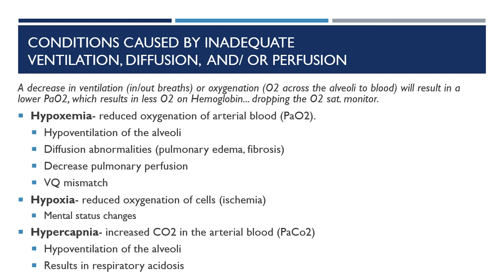When you build up CO2 in your bloodstream, the CO2 combines with water and becomes H+ and HCO3-. H+ is acid, and that's why they result in a respiratory acidosis. So whenever a respiratory condition results in elevated CO2 levels in the bloodstream, we call that respiratory acidosis.